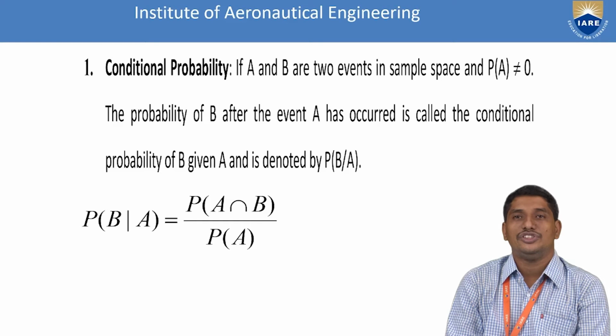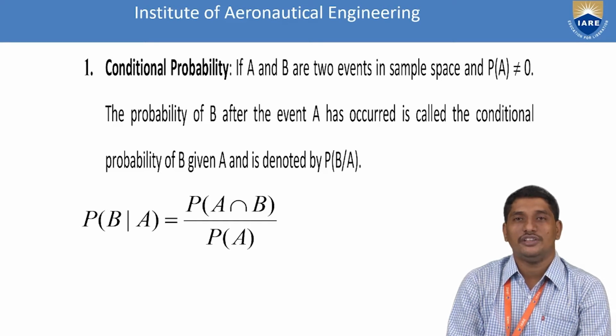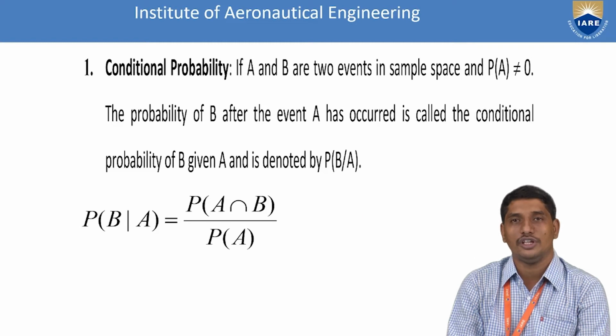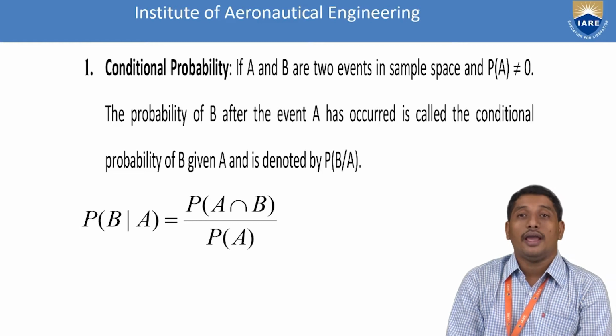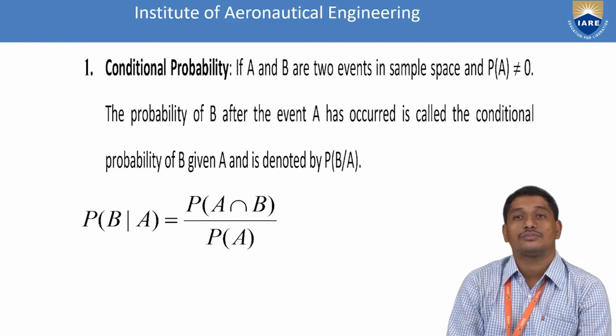The classical definition says that P of A, the probability of happening of A, is the number of favorable cases of A over the total number of cases of S, that is, the cardinality of A over the cardinality of S, where A is an event of S and S is the sample space related to the random experiment capital R. And the axioms say that probability is always non-negative, and the sum of all probabilities will always be 1.